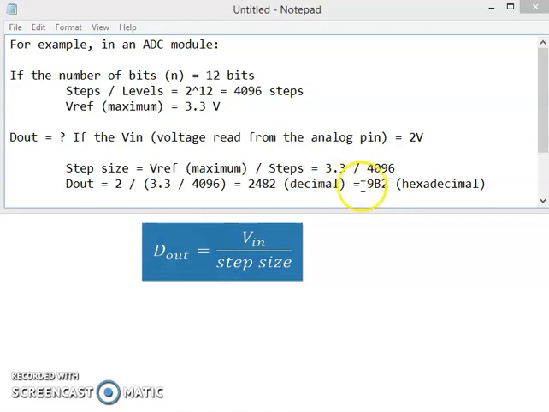Usually we will get 9B2 as the value from the register. But based on the calculation, we will get its decimal value.